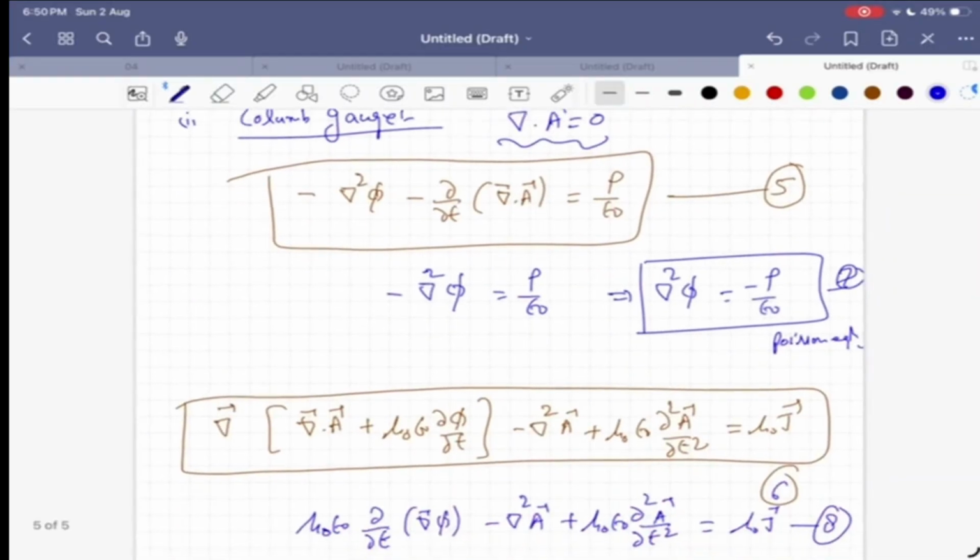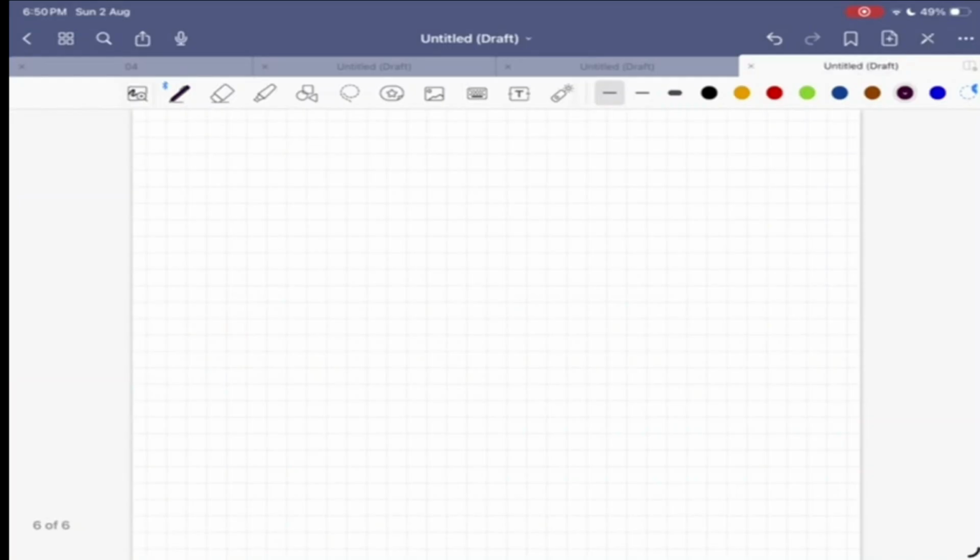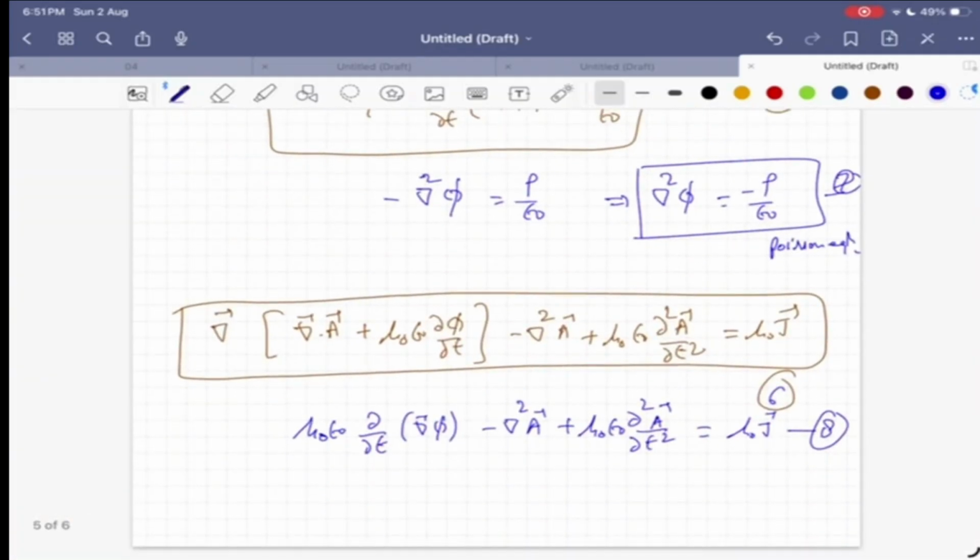Now if we discuss the other gauge, which is generally useful in relativistic electrodynamics, the Lorenz gauge, or in some texts written as Lorentz gauge. However, this is, I believe, the correct one, because this Lorenz is different from that Lorentz transformation. If we look carefully, this bracket in equation 6 seems complicated.